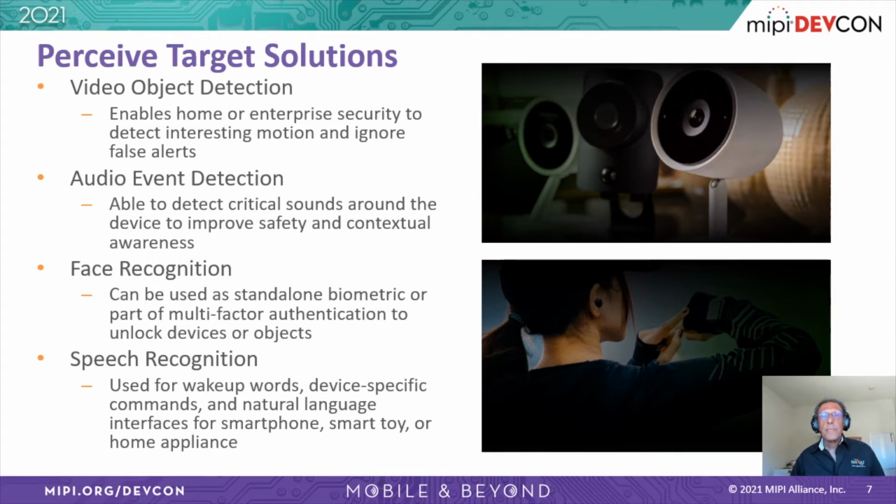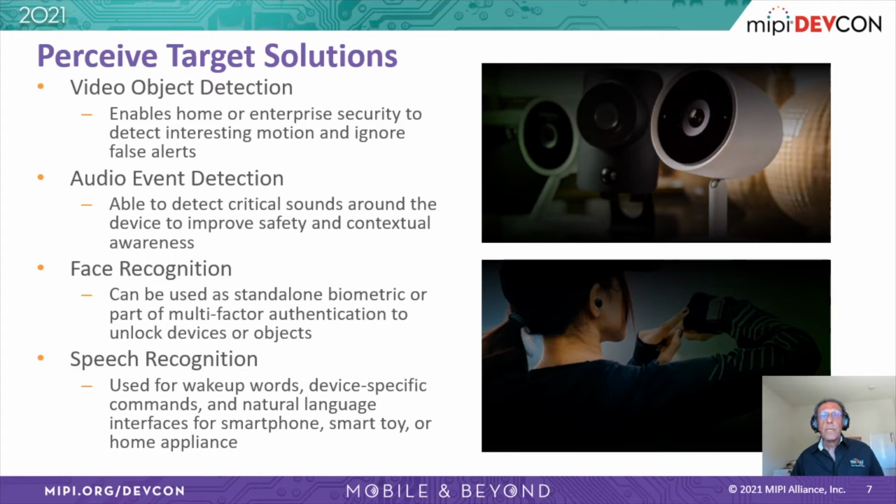Perceive is targeting specific problems that edge devices are trying to solve. There are 2 main types of sensing, visual or audio. Each of these can be used to detect objects within the environment and recognize the user. Video object detection is used for home or enterprise security to detect interesting motion and ignore false alerts. Audio detection can detect critical sounds around the device to improve safety and contextual awareness.